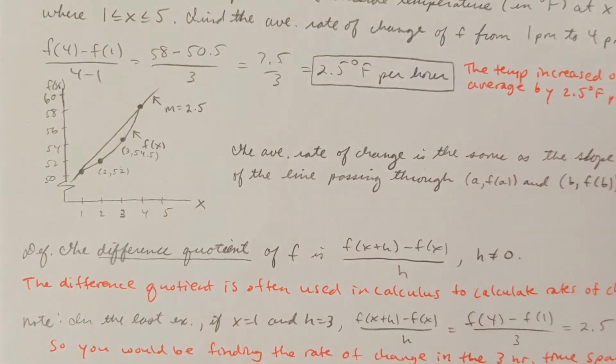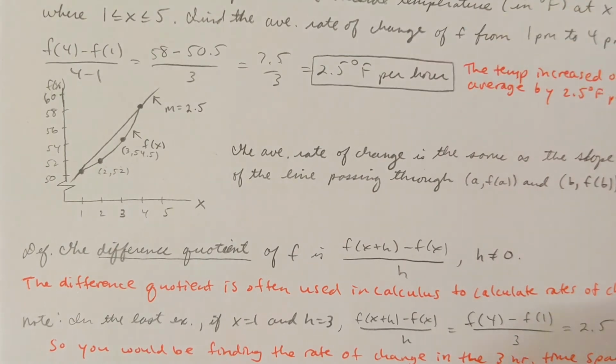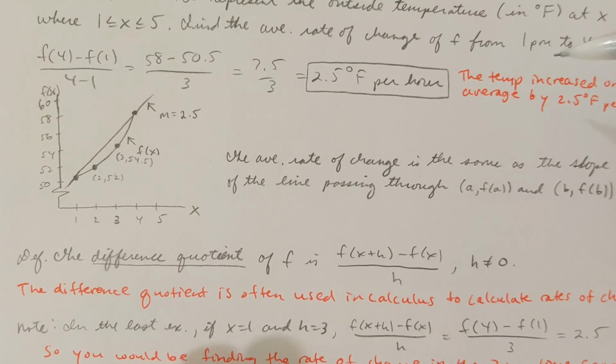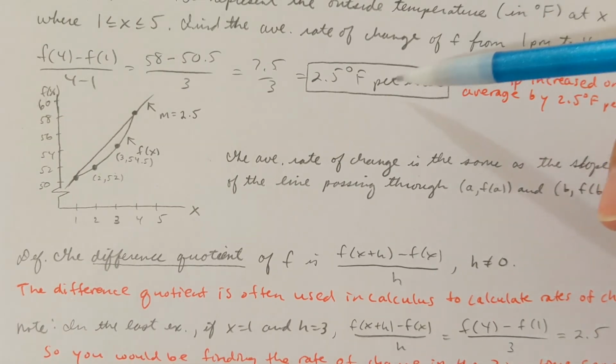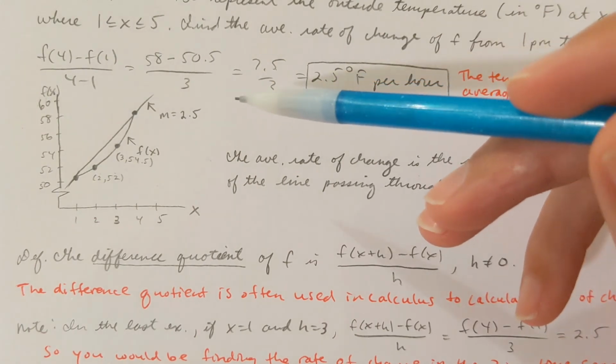So now, okay, what if I was going from 1 a.m. to 4 a.m.? Because this is p.m. What if it's a.m.? Well, what would be the average rate of change? Well, more times than not, it would be a negative number.